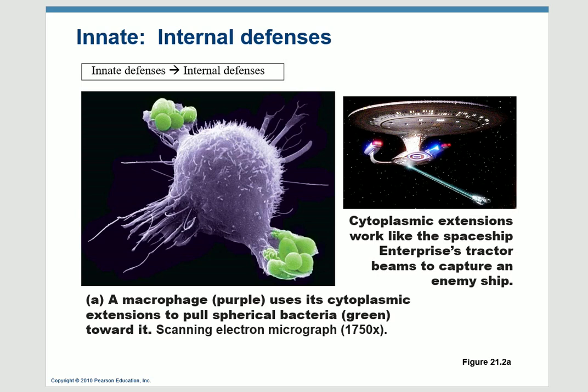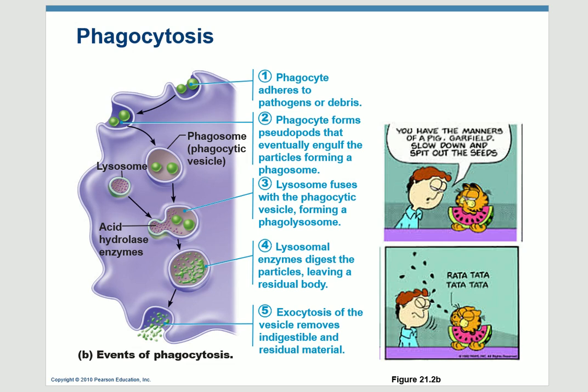And the macrophage, using its cytoplasm-like extensions, is going to wrap itself around the green part, the bacteria, and tuck it inside itself. So if you watched Star Trek, it works like the Starship Enterprise's tractor beams: shoots out, grabs the invader by engulfing it completely, and then pulls it inside of itself. Even if you haven't watched Star Trek, you can kind of imagine what that looks like.